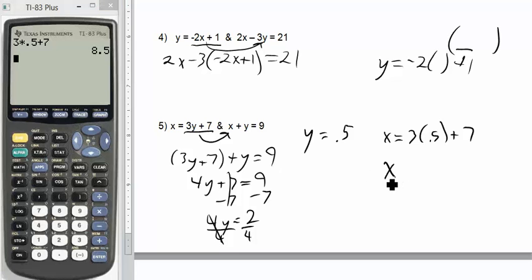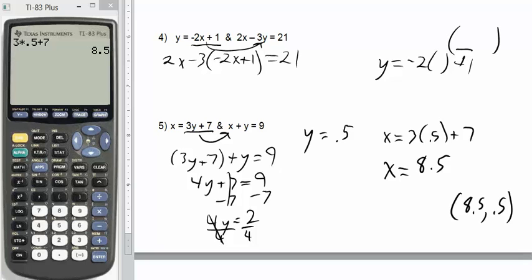So x equals 8.5. So that's our answer. x is equal to 8.5, y equals 0.5. If we're going to put that into parentheses, it's (8.5, 0.5). That is where those two lines will cross.